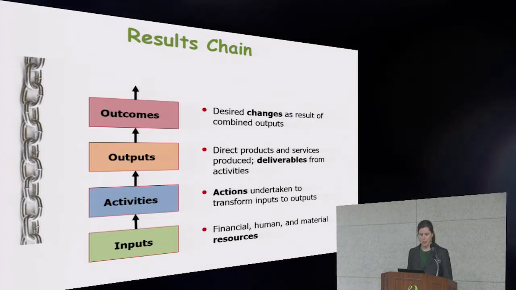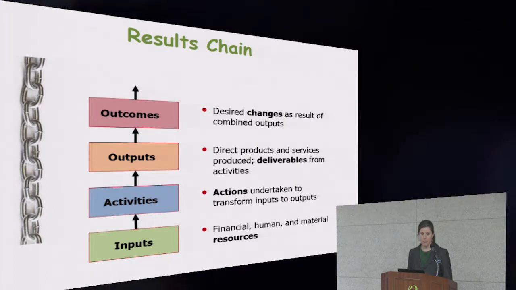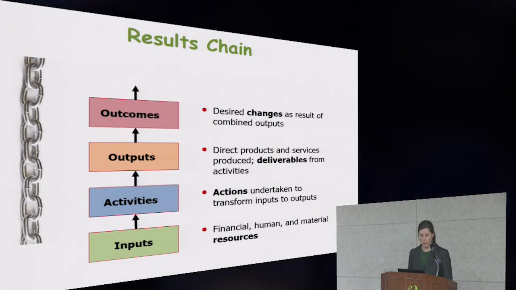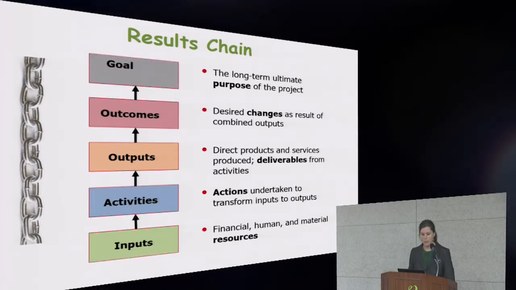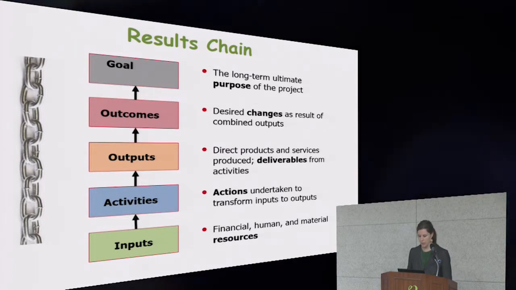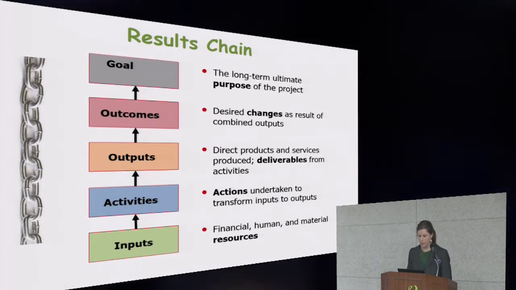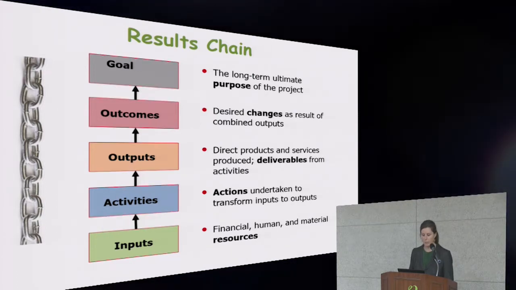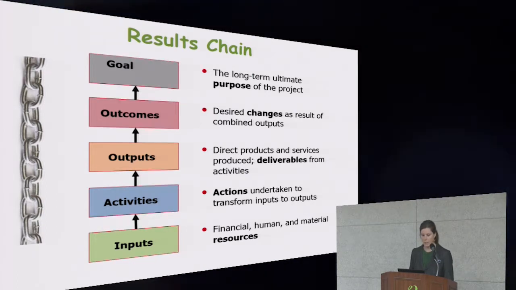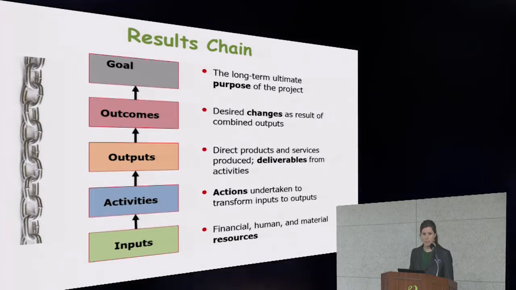Then the outcomes are our desired change as a result of the outputs. And the goal is the long-term ultimate purpose of the project. So we'll discuss in detail how to develop each component of this results chain in the session.